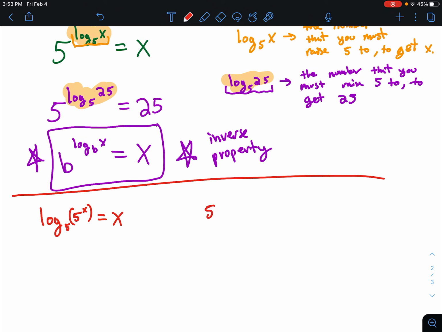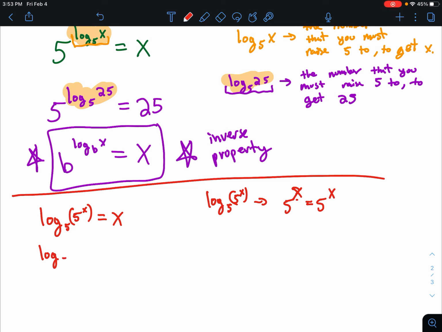Well, we're saying 5 to what power would have to equal 5 to the x, right? Log base 5 of 5 to the x is like saying 5 to what power equals 5 to the x. Well, 5 to the x equals 5 to the x.